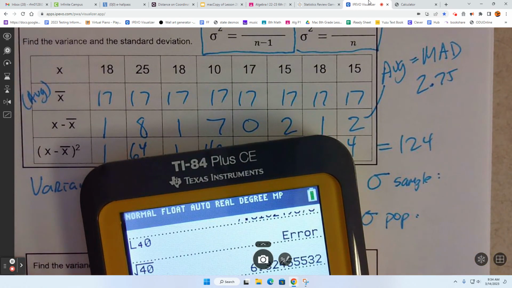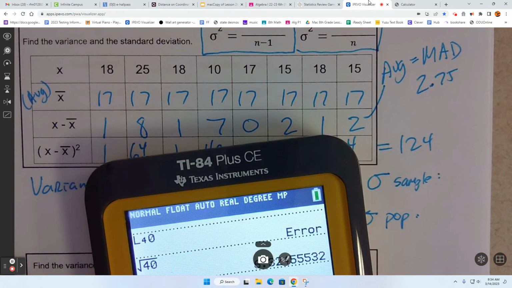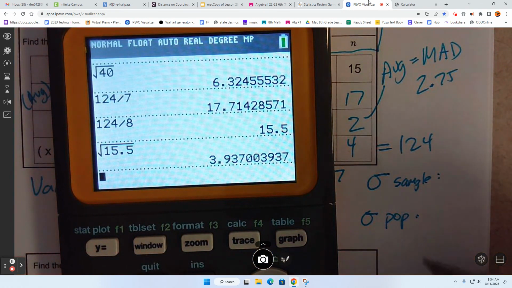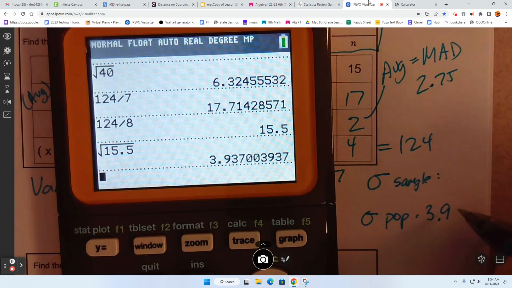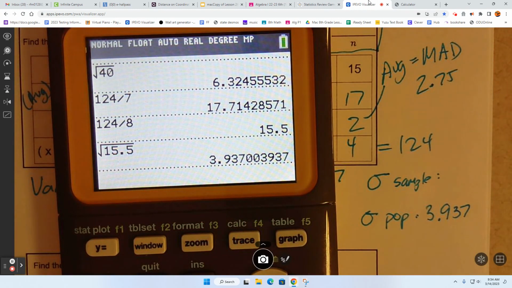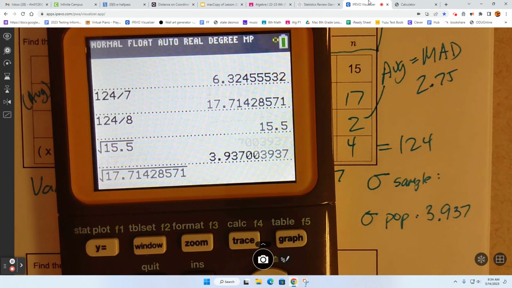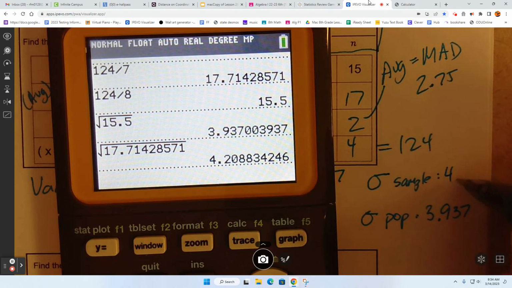So all I got to do now is go square root of 15.5, and I get that one is 3.937, and then square root of the sample is 4.209.